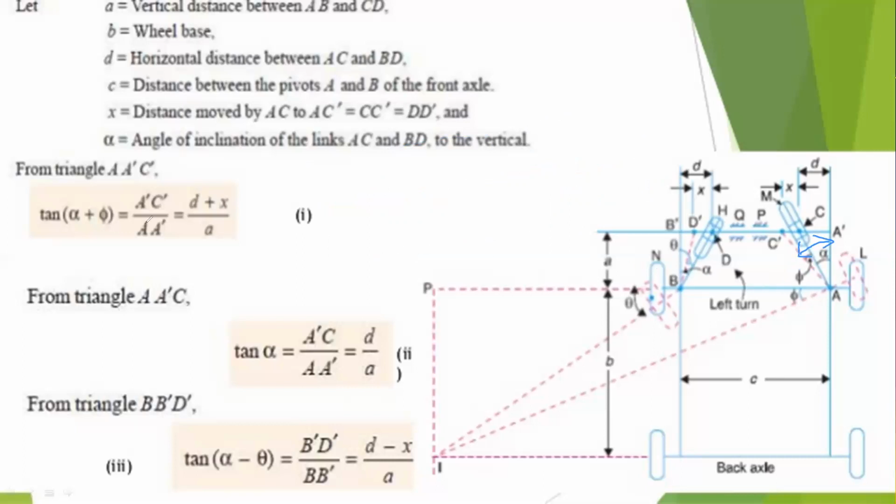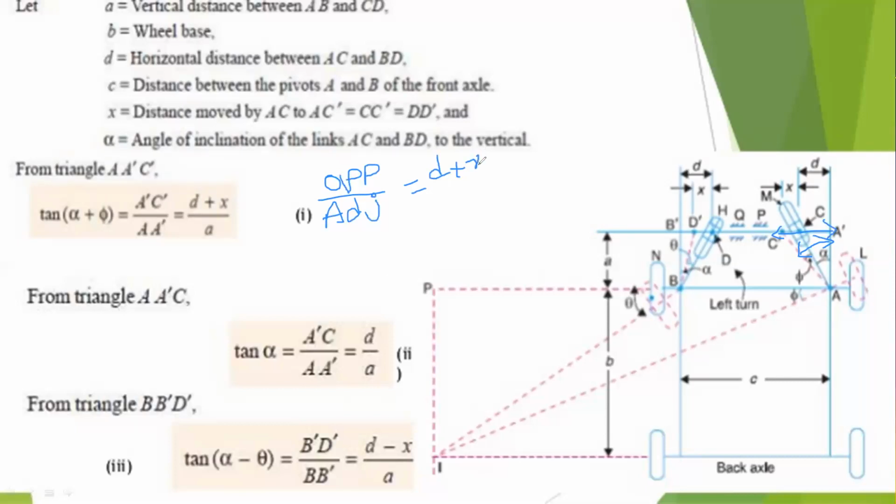So what is the formula of tan alpha plus phi? It is the opposite side by the adjacent side. So what is the distance between AC, that is d, and CC dash, that is x? So the opposite side is d plus x.